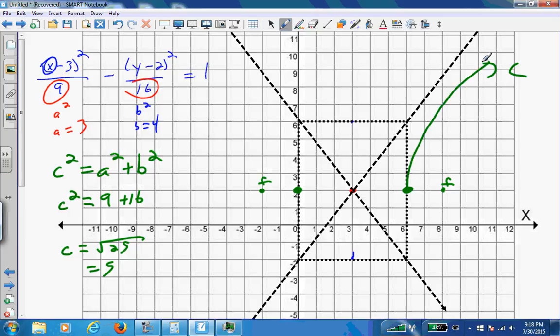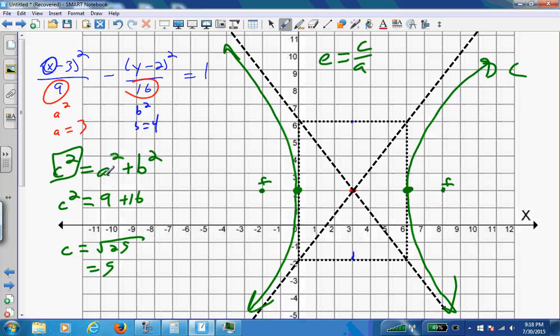So our hyperbola is going to look like this. The eccentricity is still c over a. Notice c is always going to be bigger than a, because to get c, you have to take a and then add stuff to it.